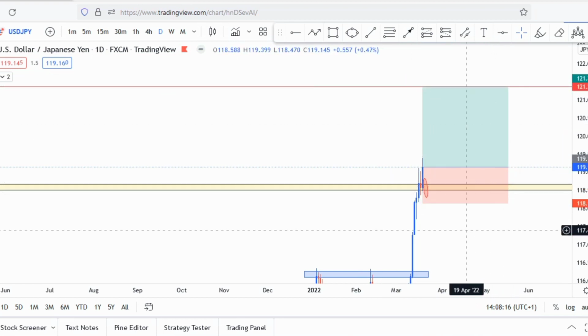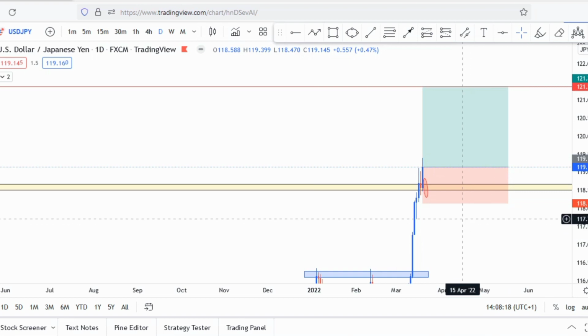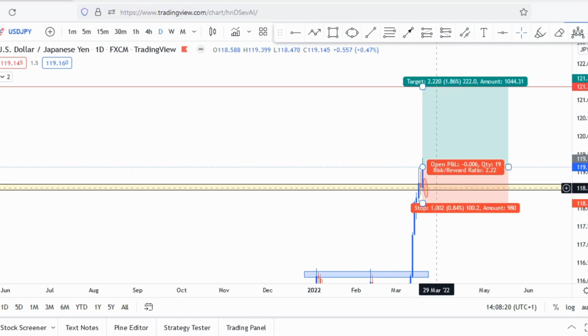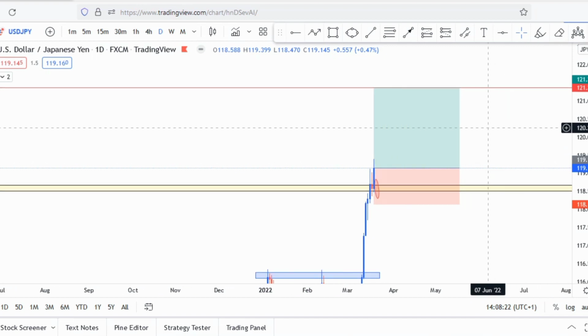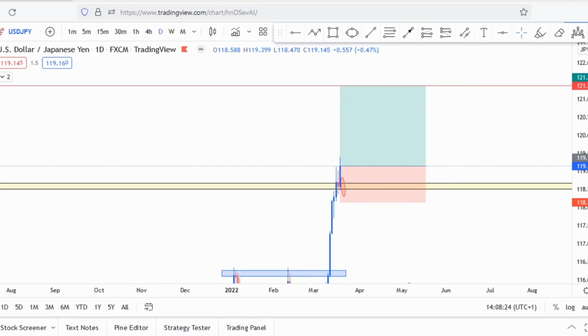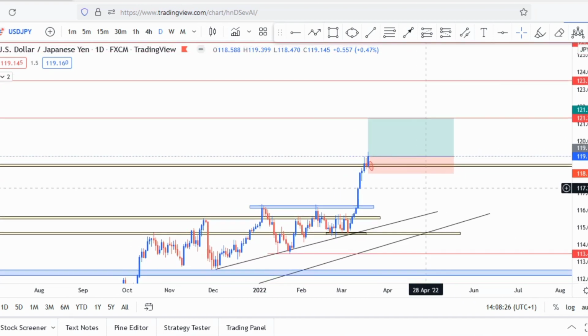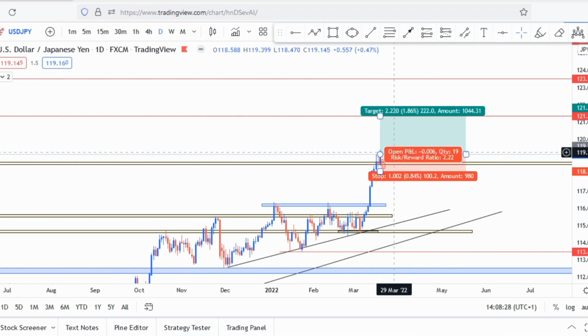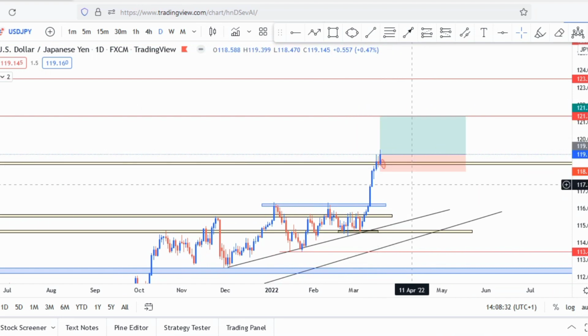So it's about a 2:1 risk to reward ratio. Not very bad at all, but like I said, it's always safer to wait, and that would increase the risk to reward ratio as well. So again, what I'm expecting mostly is for price to continue to the upside for USD JPY. But if price reverses, then we'll be looking to capitalize on that as well.